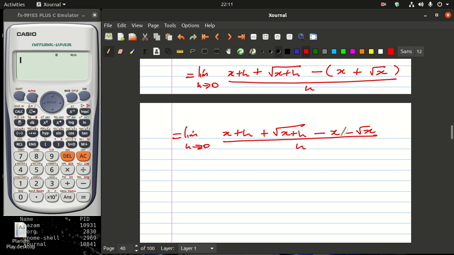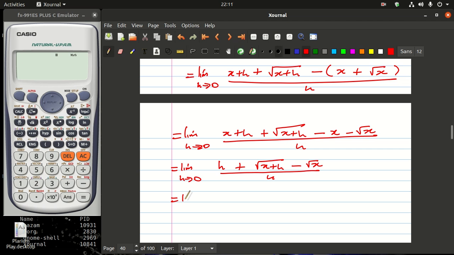If you look into this, this x and this x will go away, but the h will remain there. So I end up having the limit as h approaches 0 of h plus the square root of x plus h minus the square root of x, all over h.